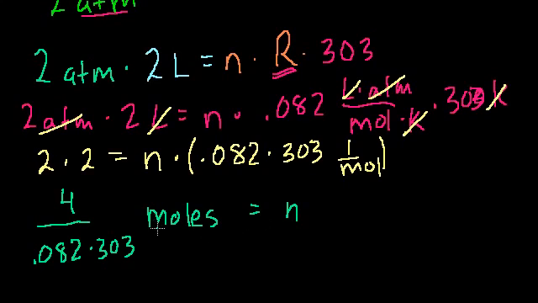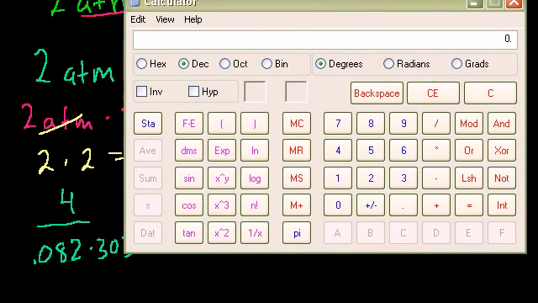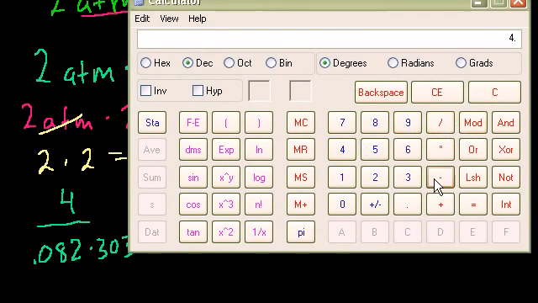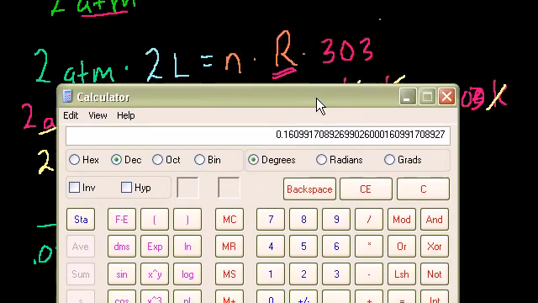We're getting n in terms of moles. And so we just have to get the calculator out and figure out how many moles we're dealing with. So we have 4 divided by 0.082 divided by 303, which is equal to 0.16. If we wanted more digits, 0.161, but we'll just round.